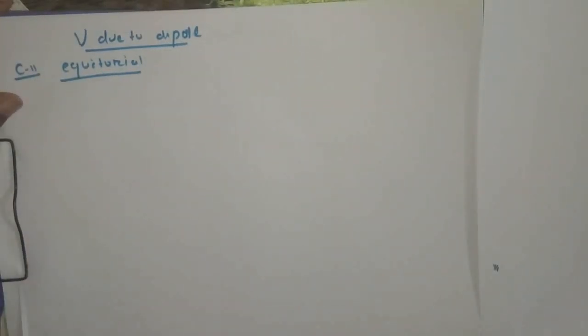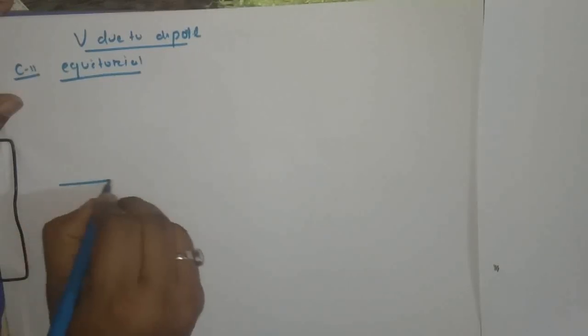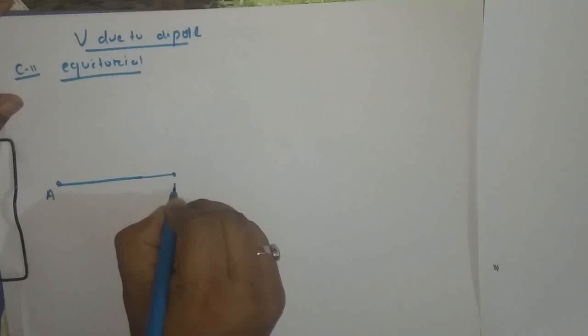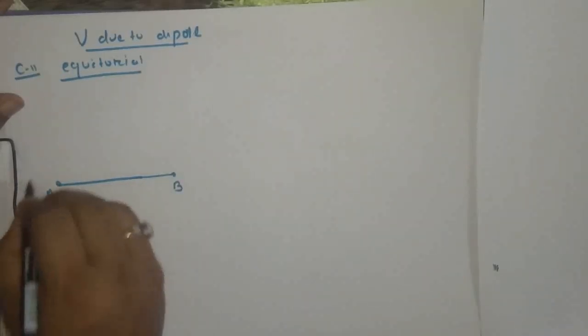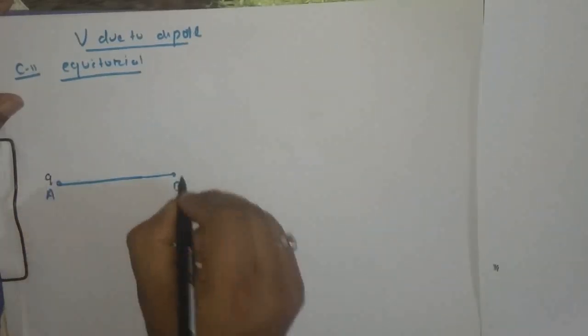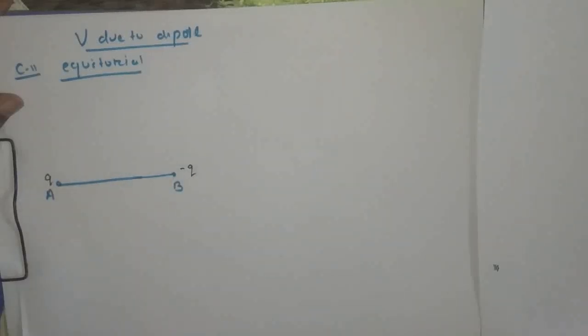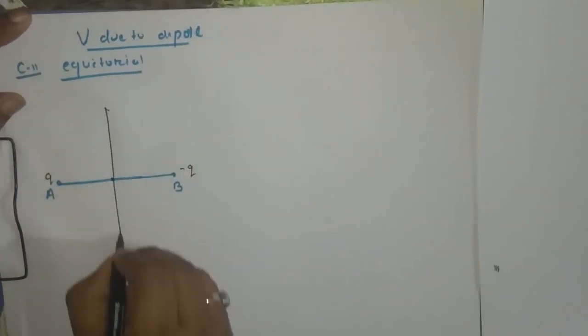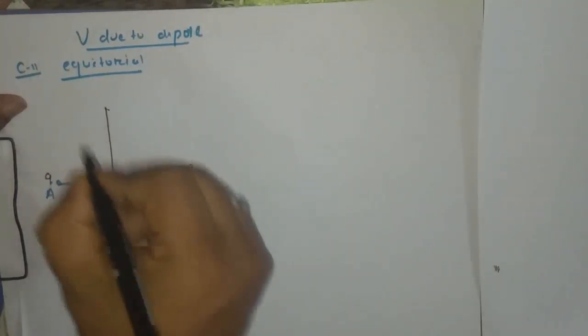Let us draw a very simple thing. Let this be the dipole, point A, point B. Let us take this plus Q, and this minus Q. This is the center, as we know. This is our equatorial axis.